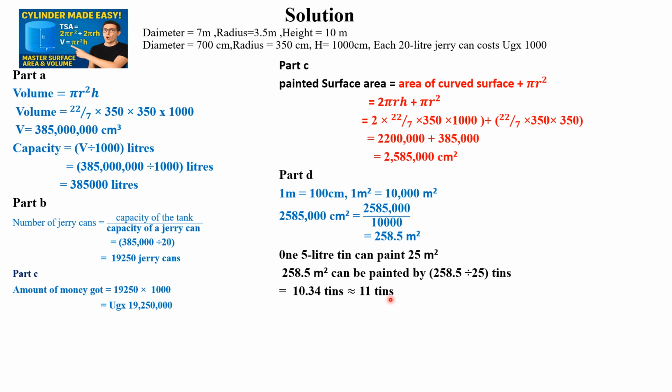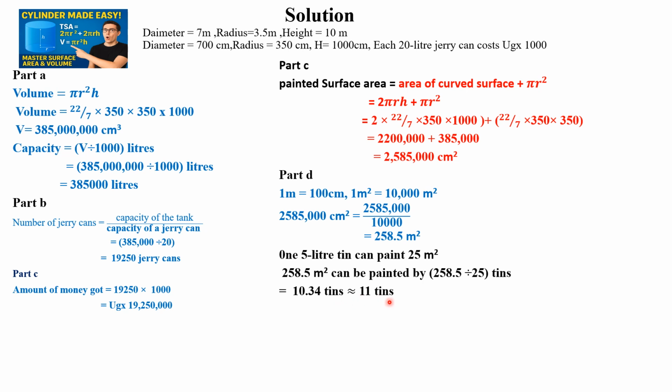If the paint remains, no issues. But if the aim is to paint the tank and you leave some parts not painted, it will not make sense. So it's better you take a value greater than what you have got, not so big. If it is 10.34, you cannot buy half a tin.